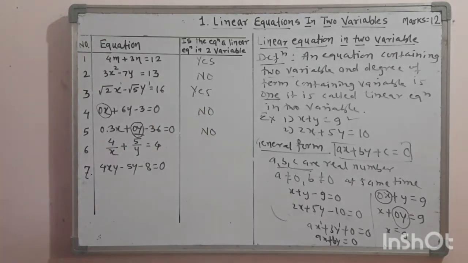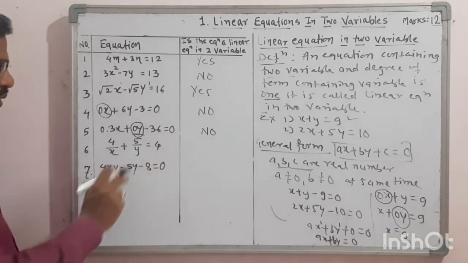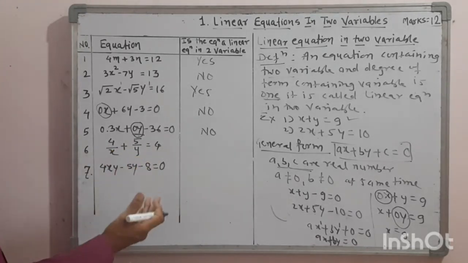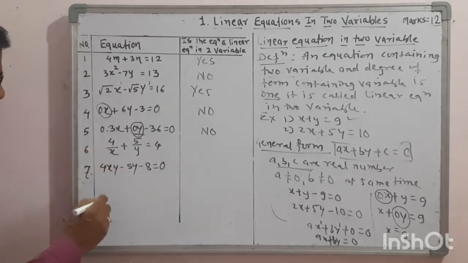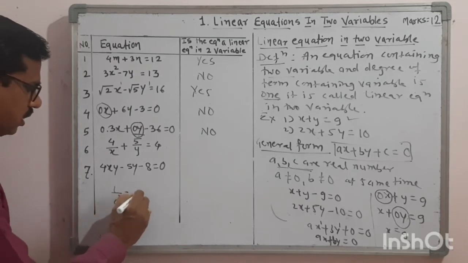Next equation: 4 upon x plus 5 upon y is equal to 4. Here x and y are in the denominator. If we take them into the numerator, what do we get? We know the rule of indices: 1 upon a raised to m is equal to a raised to minus m.